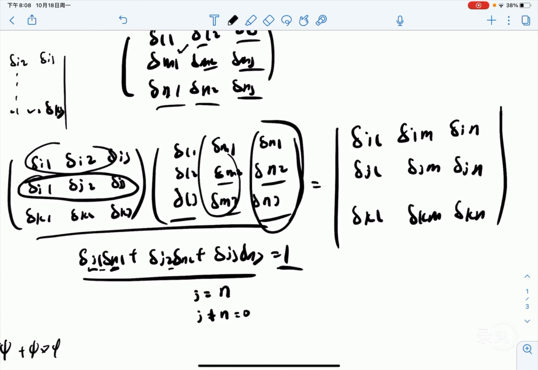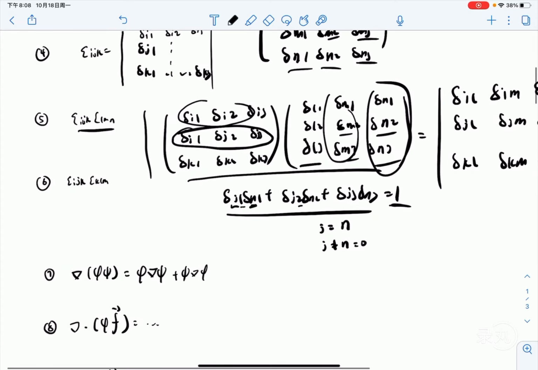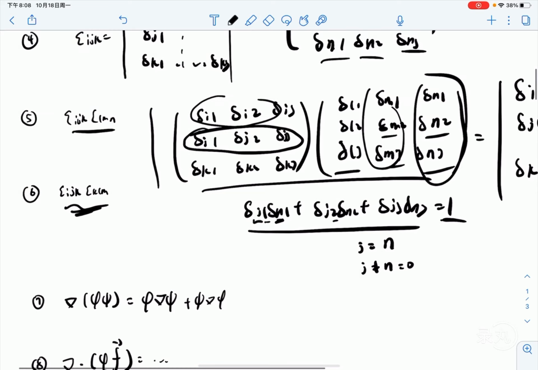This is a very, very nice property, and we're going to use it to prove what this is equal to.